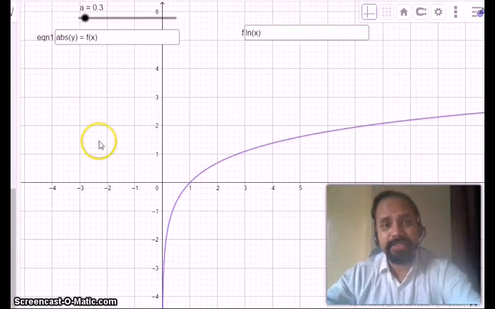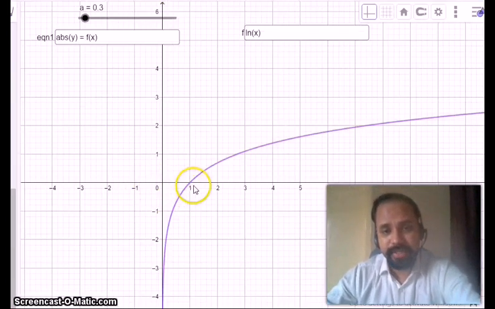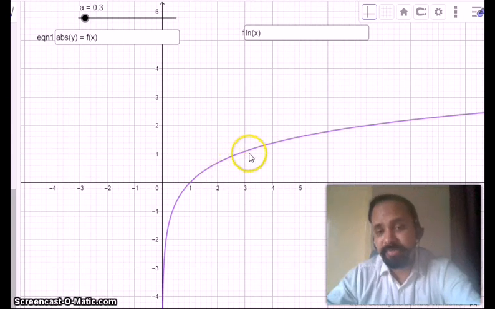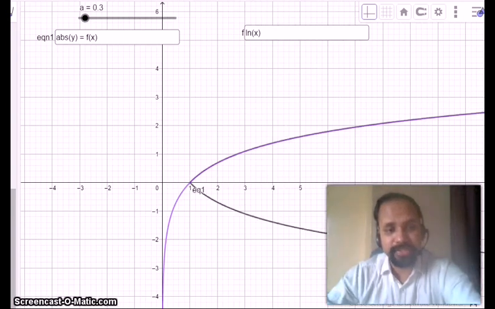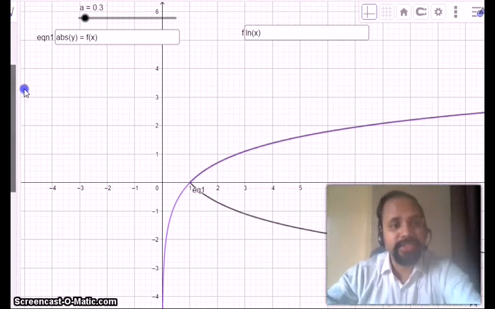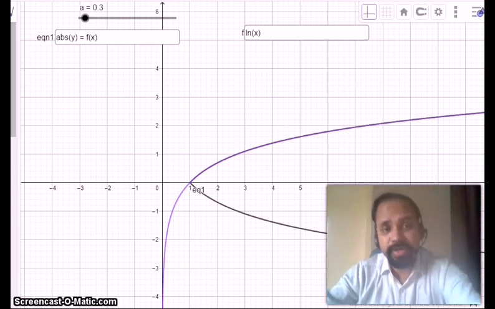Like if we have a graph like this one, what we have to do is omit this part, that means the graph that is below the x-axis, and then take the mirror image of the portion that is above the x-axis, with the x-axis as a plane mirror. Let us draw the graph. It will be like this one. So if we see the graph of the absolute function mod y equals f(x), this will be the graph.